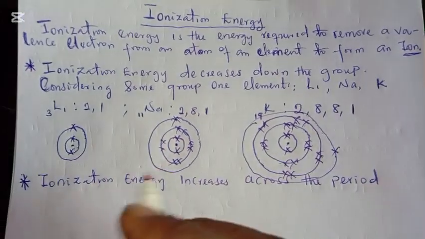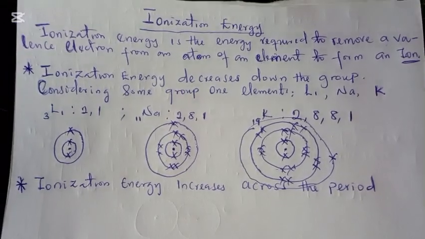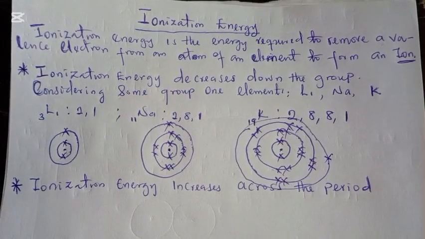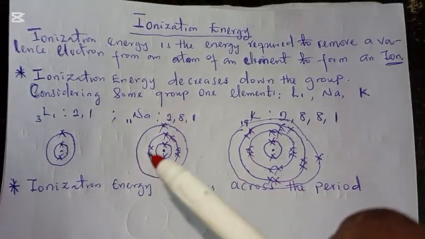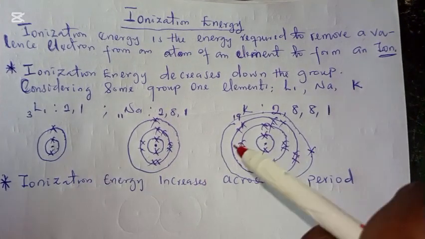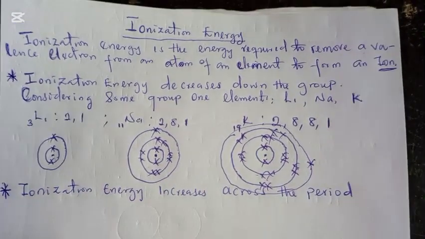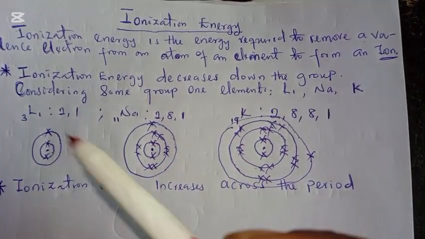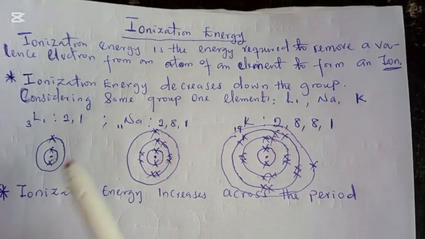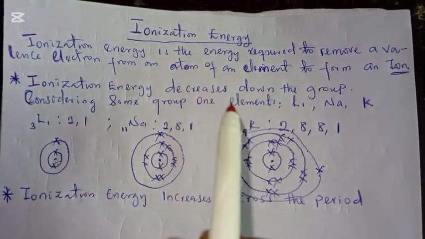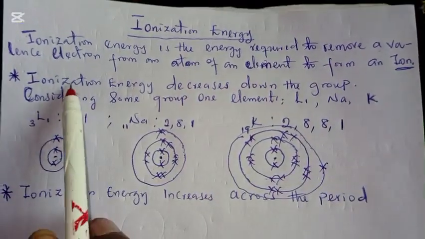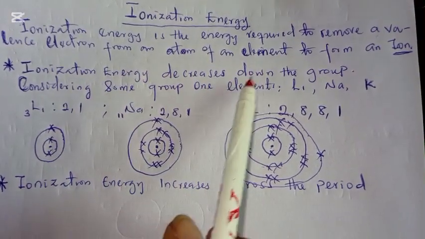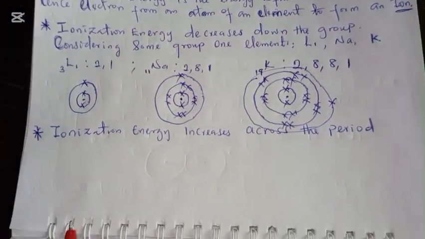As a result, the protons have less nuclear charge or less nuclear force of attraction for electrons. As a result, when you move down the group, the ionization energy, or the energy required to remove this valence electron, is minimized. Hence, ionization energy decreases down the group. Are you following through?